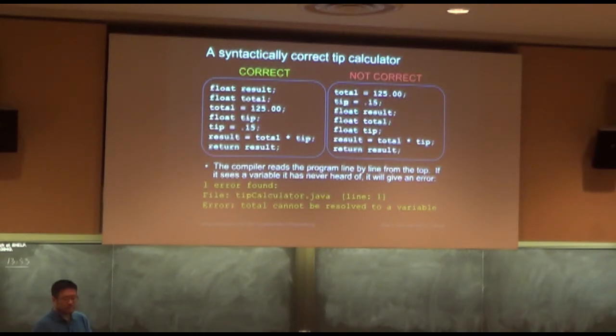Same thing is true here for tip. I'm declaring everything after I assign it, which doesn't work. I have to always declare first and then assign. And my accesses can be okay, but the error is coming from declaration after assignment.